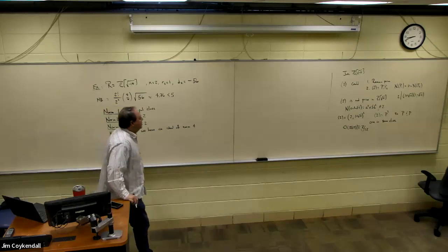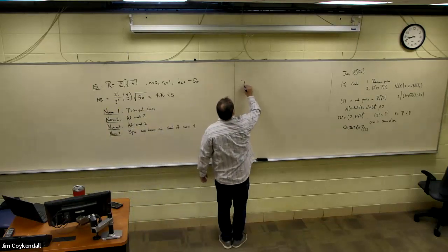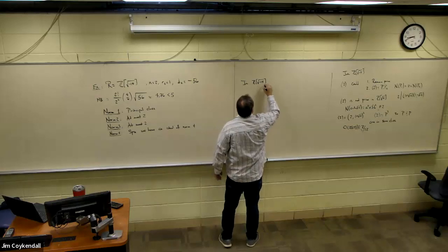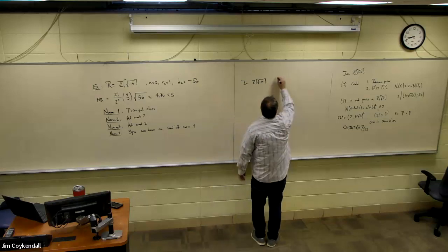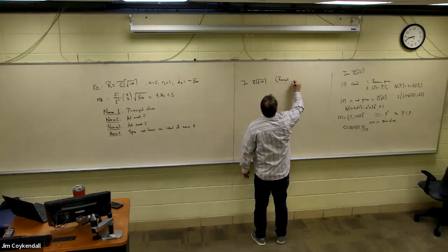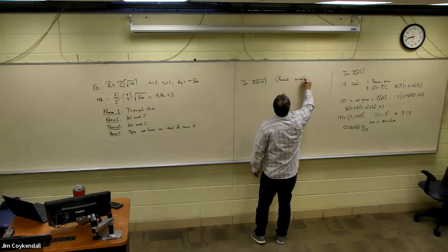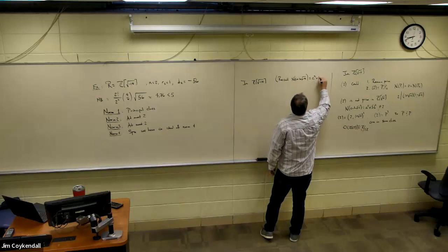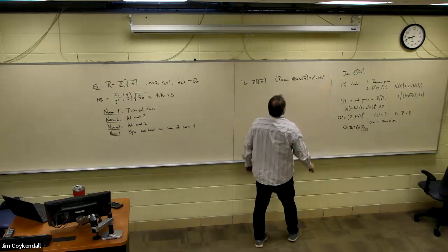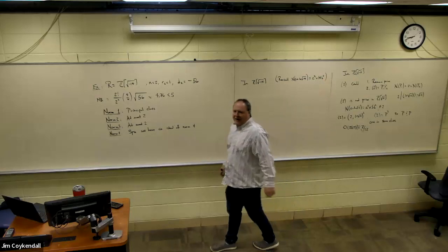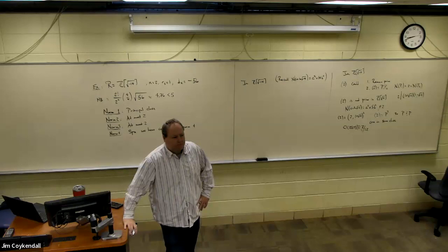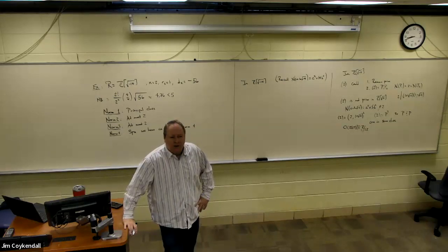Let's see what happens here. What's the status of 2? A plus B, minus this. Okay, so what's the status of the ideal generated by 2? Yeah, it's not prime. Do you know how it breaks up?